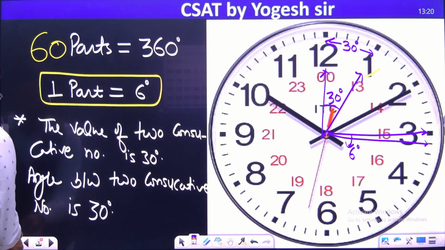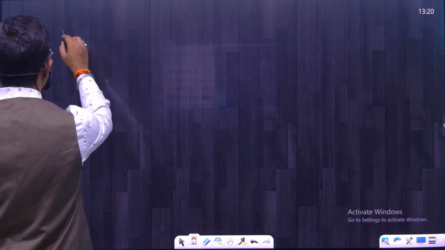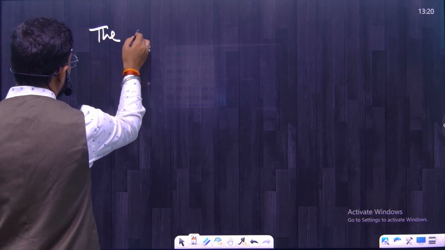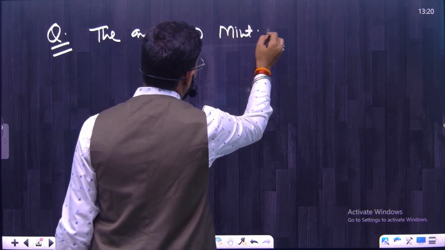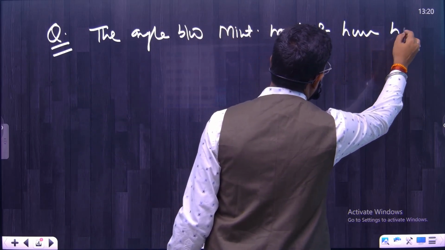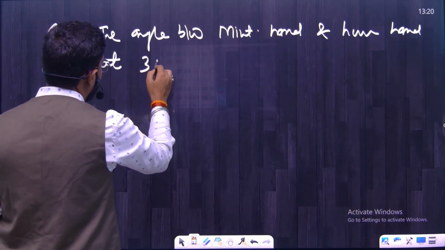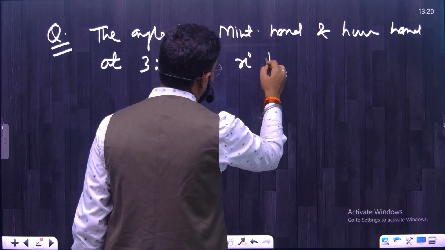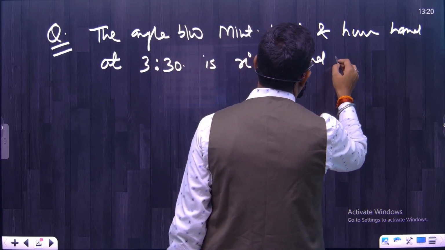Suppose we have to find the angle between the minute hand and the hour hand at 3:30, which is x degree. Then find the value of x.